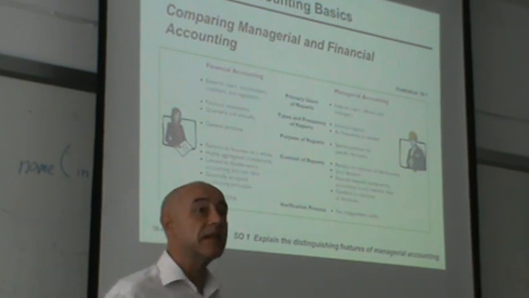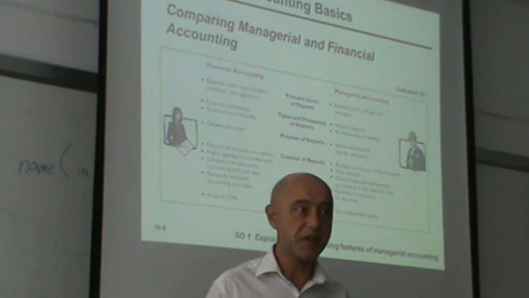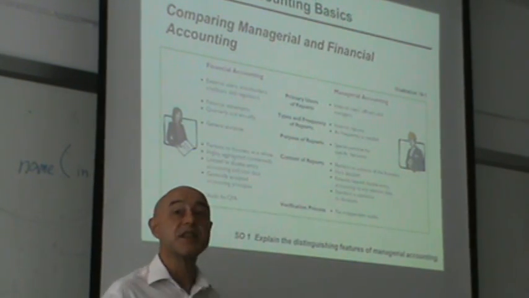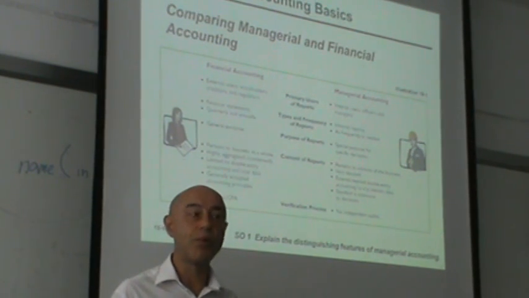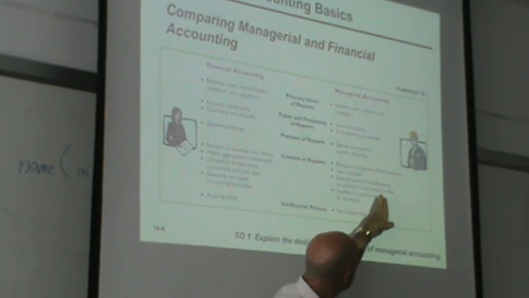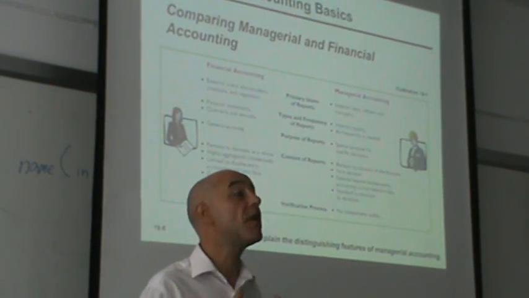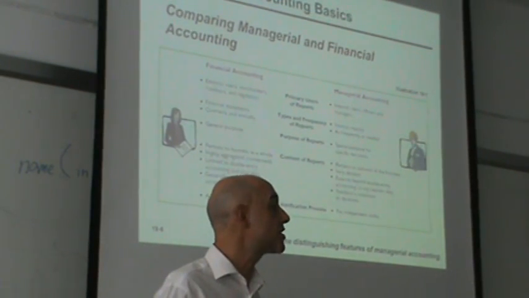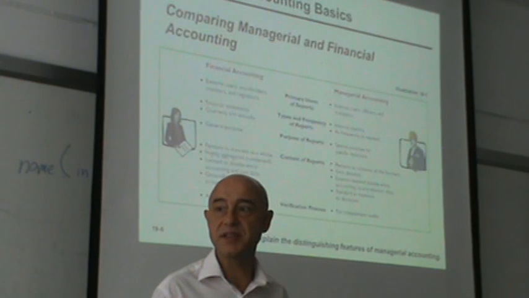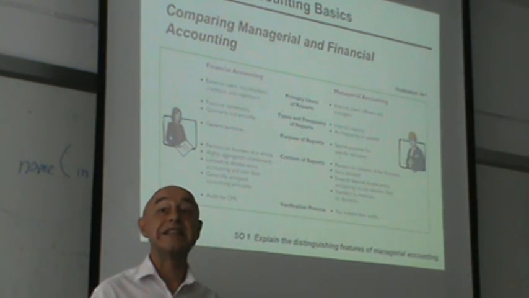And the most important criterion is: is the information in the report good, or we call it relevant, to make decisions? Does it provide good information to help us make good business decisions? When you run a business, you have to make decisions.